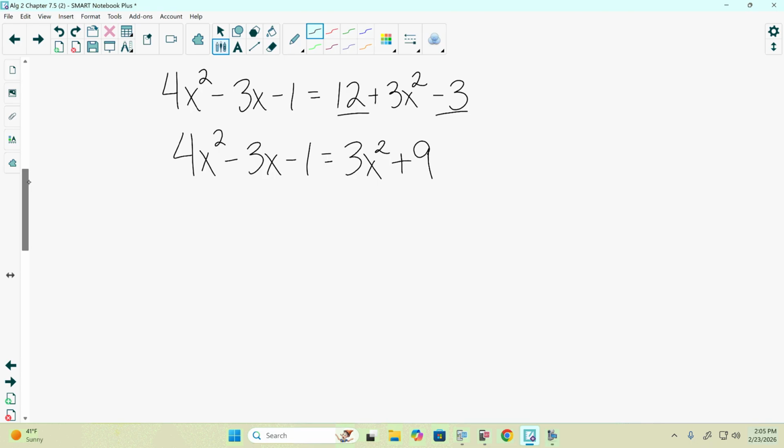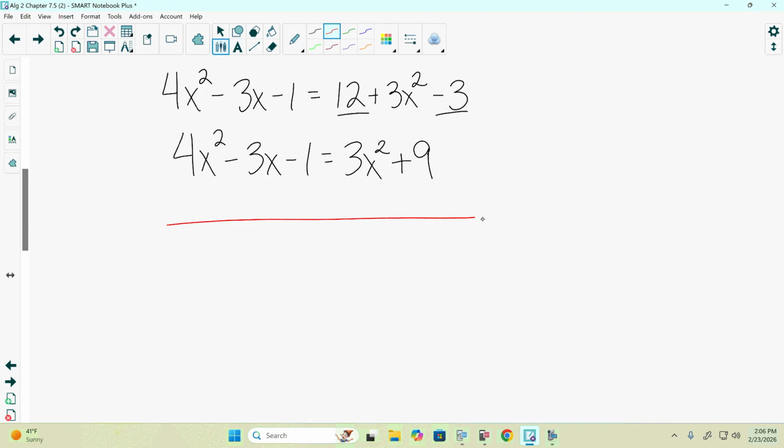Now I try to keep the x squared term positive if at all possible. If not, or it's easier to move everything to the other side, I go that route. If I can keep the variable with the biggest exponent positive, that's my first goal. If it's less moves to move it the other way, that's fine because it's easy to adjust a sign change by multiplying or dividing by negative 1.